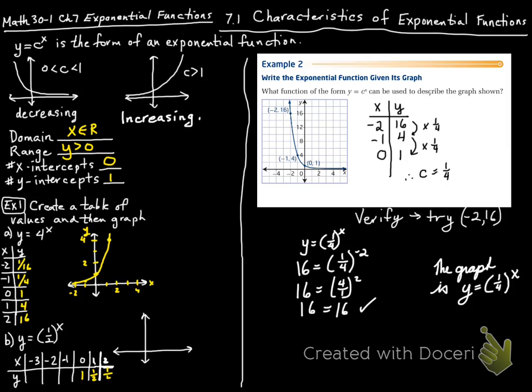And if you plot all the points in our second graph, this one's a decreasing curve. Notice in the first one, y = 4^x, we have the c value being 4, increasing. In the second one, c is 1/2. It's between 0 and 1, and it's decreasing.